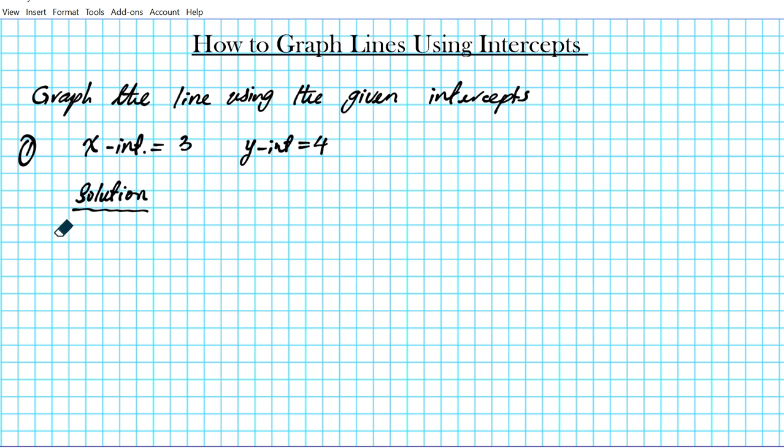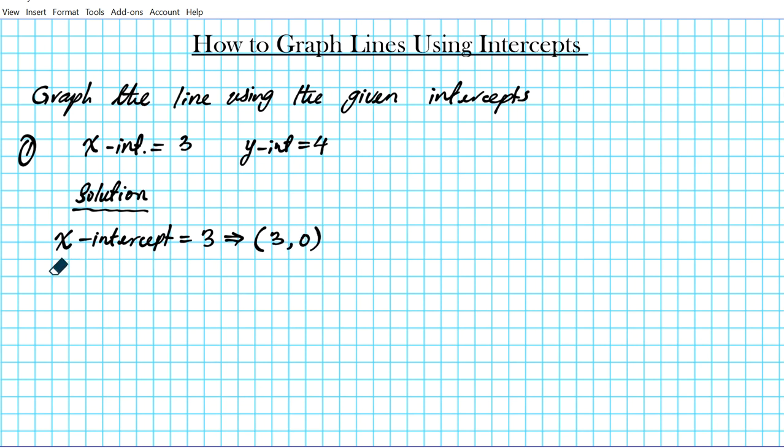Now let's take a look at the x and y intercepts first. Now, what does an intercept mean? If the x-intercept is 3, that basically means the graph cuts the x-axis at the value x equals 3. And it also tells us the point that the line goes through. So we know for sure that the graph goes through the point where x is equal to 3 and the y-coordinate is 0.